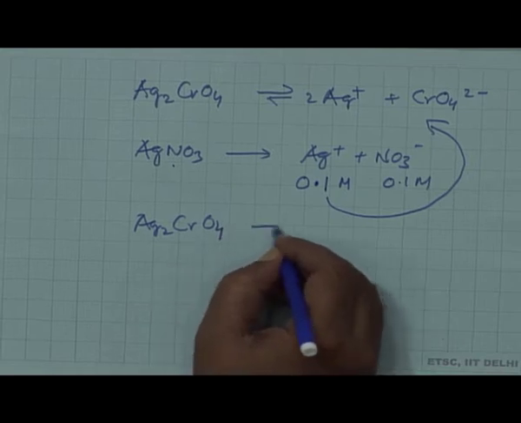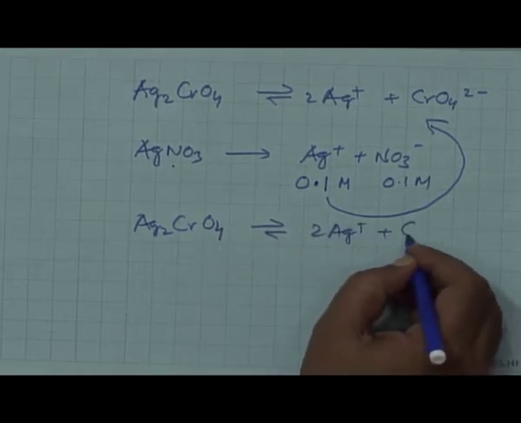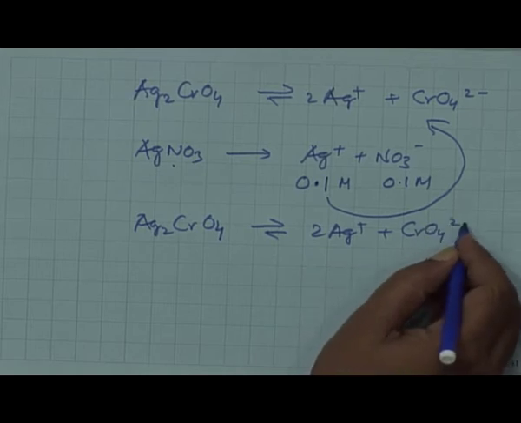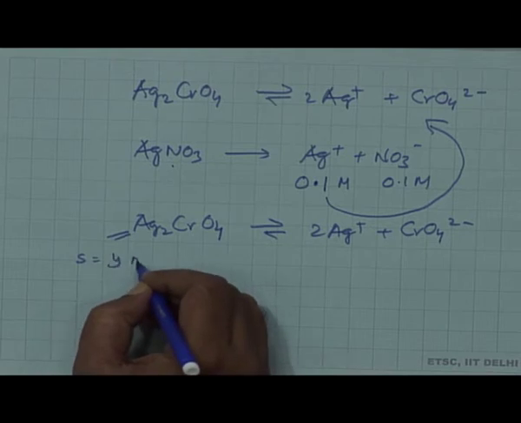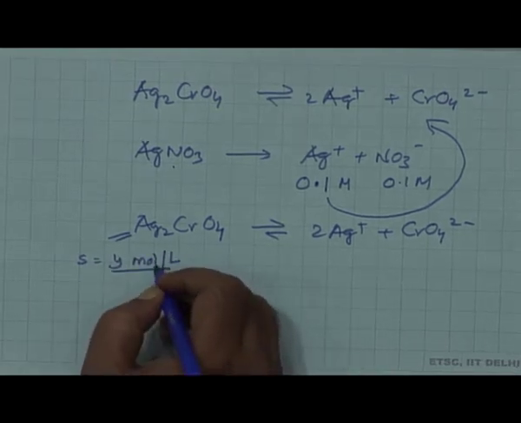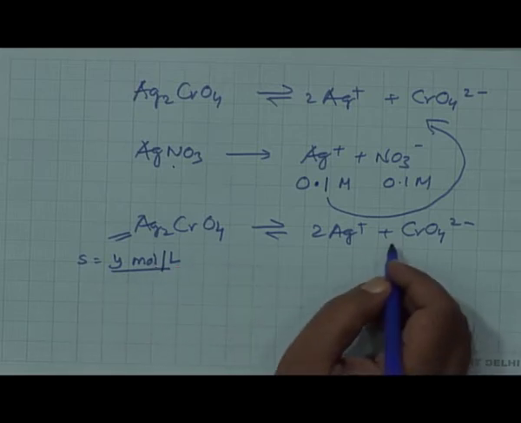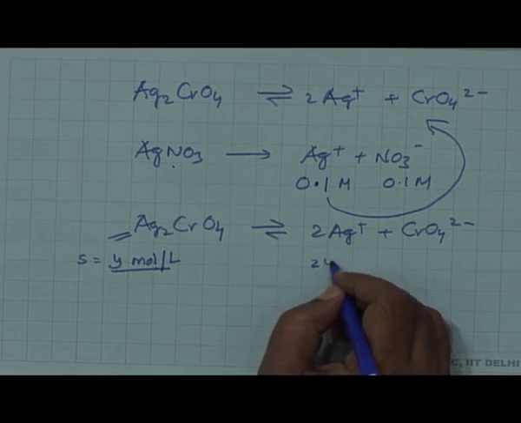Now, suppose the solubility of Ag2CrO4 is Y mole per liter in presence of AgNO3, then you will get 2Y here, and Y for CrO4 2 minus.